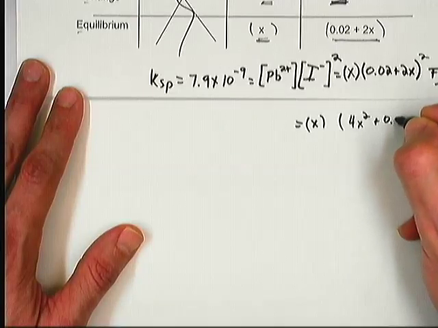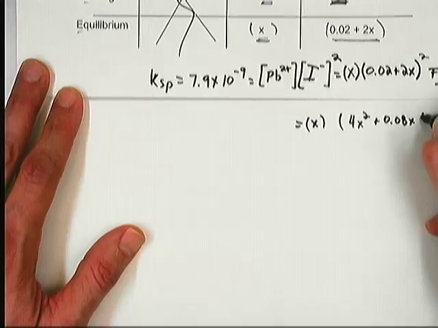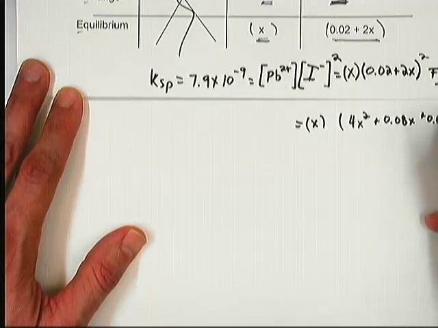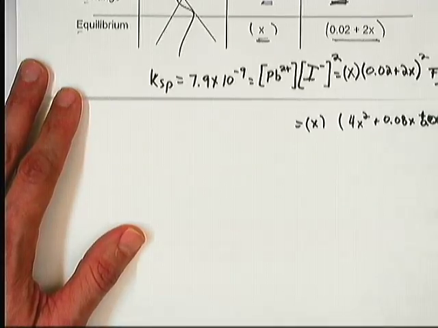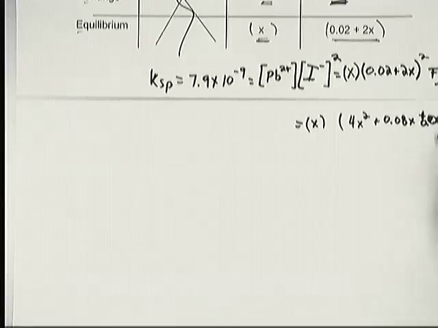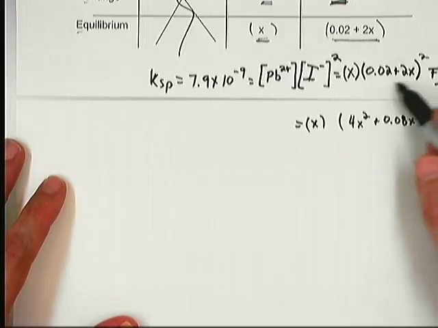But if you do the multiplication, oops, I left a 0 short here. I'll write that. Sorry, it's a little bit sloppy. We get that as our answer for the expansion of this term right here.